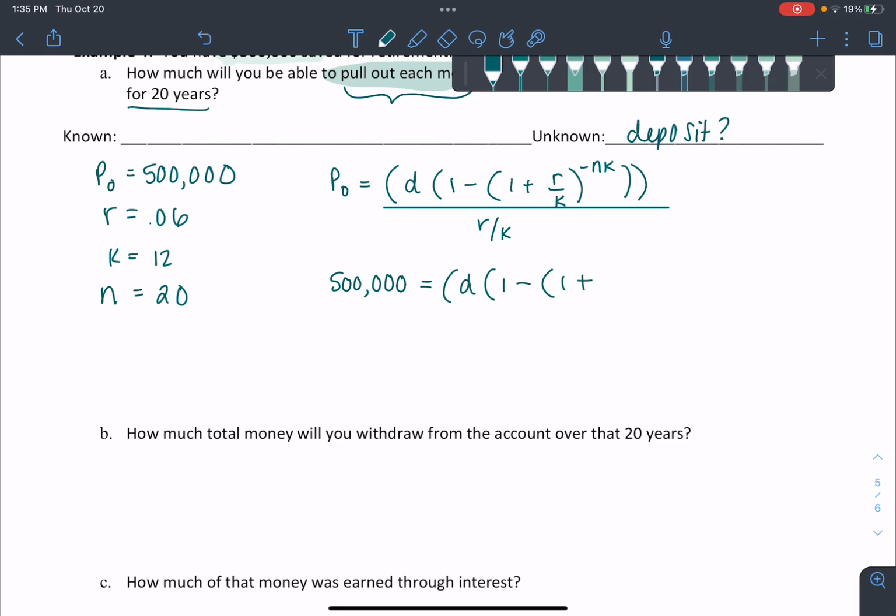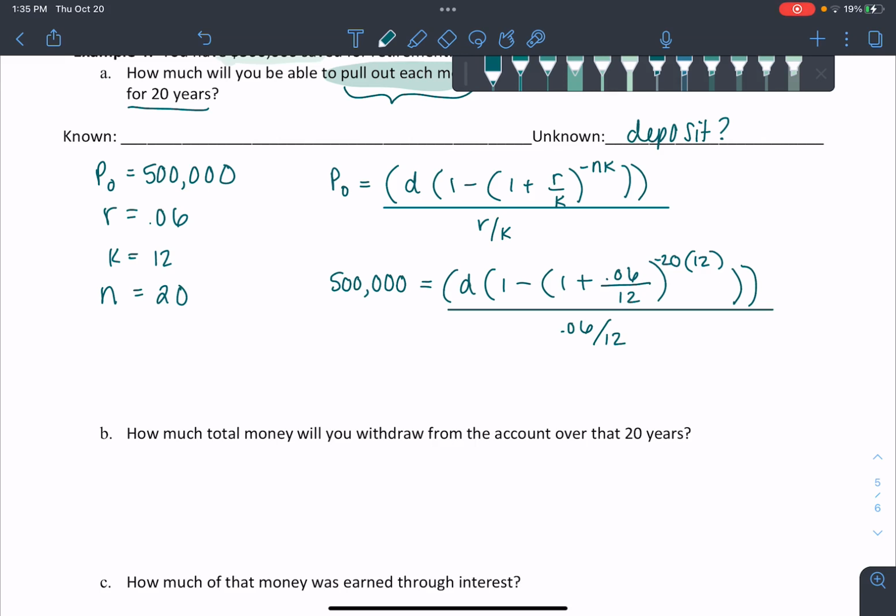We've got R, which is 0.06. We know K, which is 12. We know N, which is 20. So negative 20 times K. And then close, and then that's all over 0.06 divided by 12.